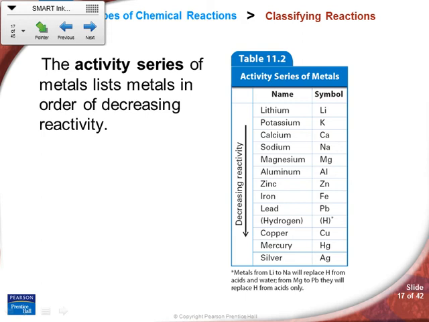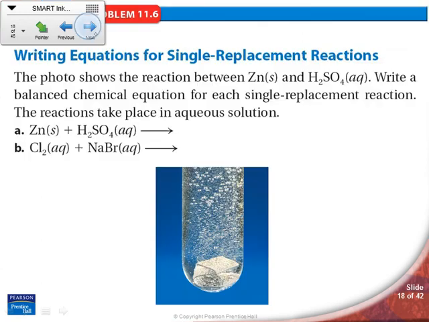Because silver, that's why we use silver in jewelry, because it doesn't react with much. So that's the idea of the activity series. It just talks about how reactive they are. You need to use that activity series to figure out if something will replace something else in a compound. And I'll show you how to do that. I'm going to give you one of these activity series for yourself. You get to use those on quizzes and tests, so you don't have to memorize that chart.